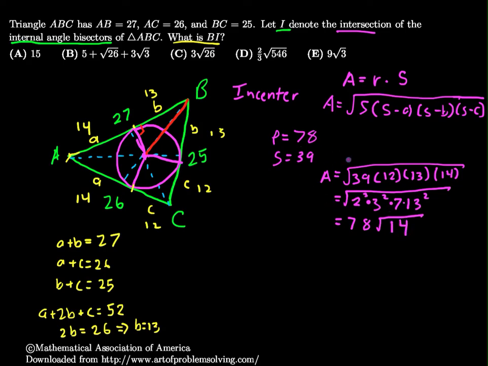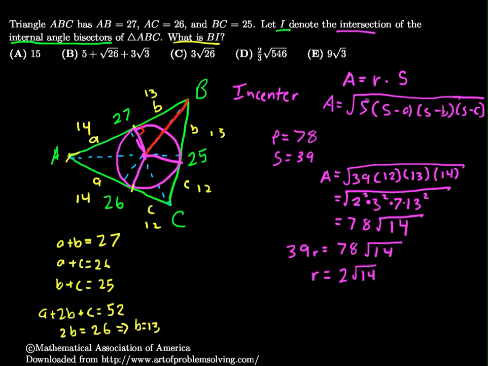So this is the area, which is also equal to the radius times the semi-perimeter, so that's going to be equal to 39 R. So 39 R equals 78 root 14. So R will end up equaling 2 root 14.